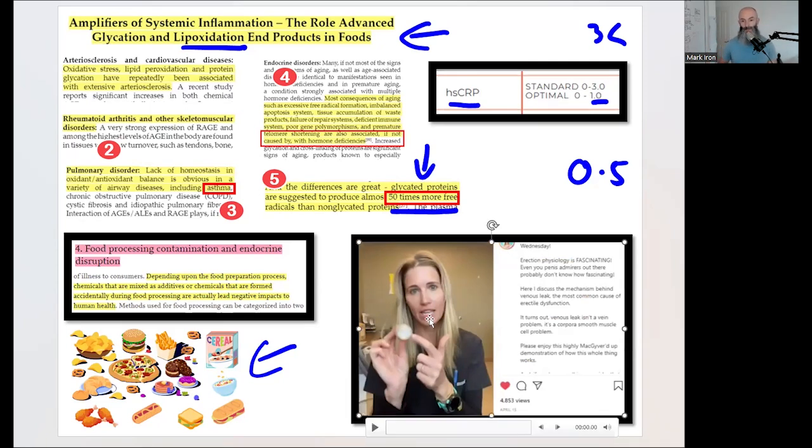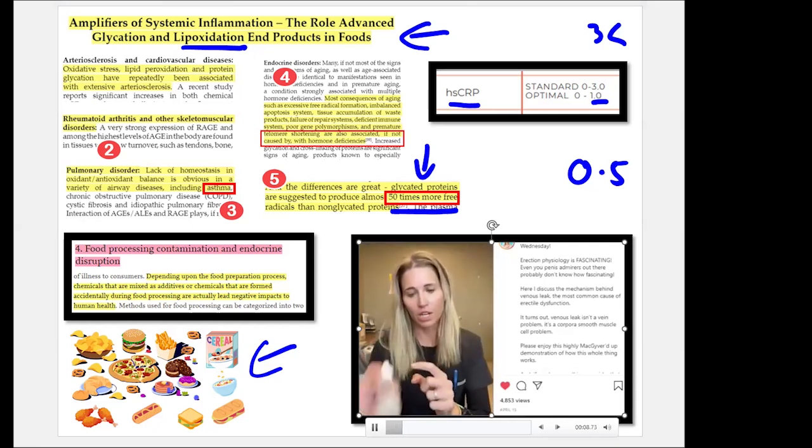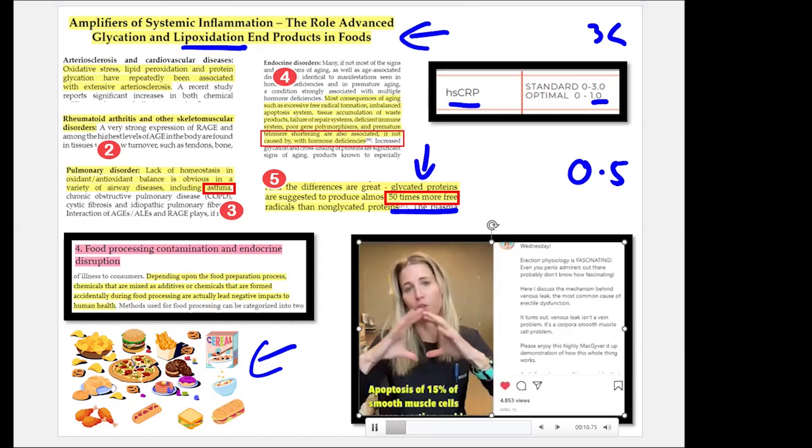This is from Dr. Amy Killen, board certified MD. So listen carefully to this, my friends. These smooth muscle cells begin to die. This is called apoptosis. Apoptosis happens for a number of reasons, but once you lose about 15% of the cells within here, all of a sudden you lose the ability to expand completely. You can still expand and you can still have an erection, but it's not a full erection.